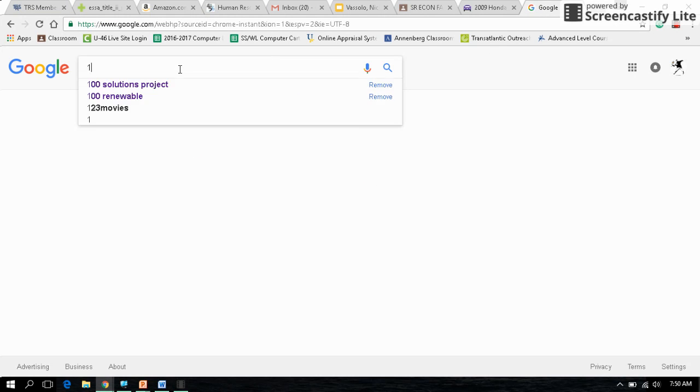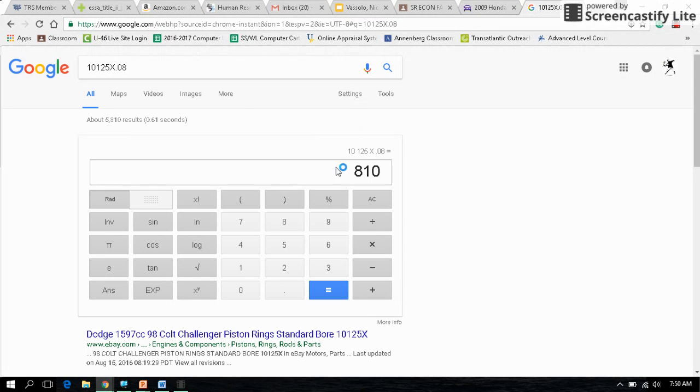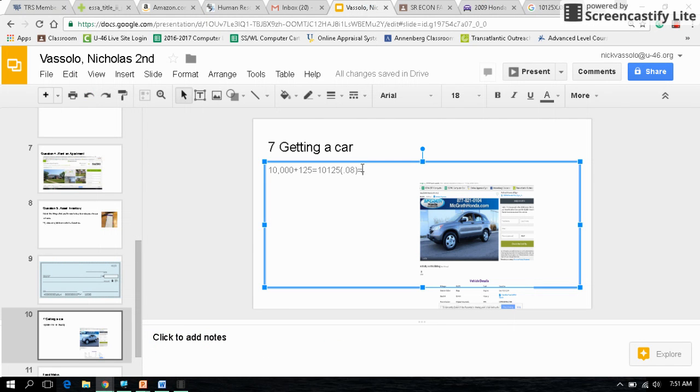Wow, this is really slow. $810 is the amount of tax that I'm going to have to pay on this transaction. So that's for taxes.